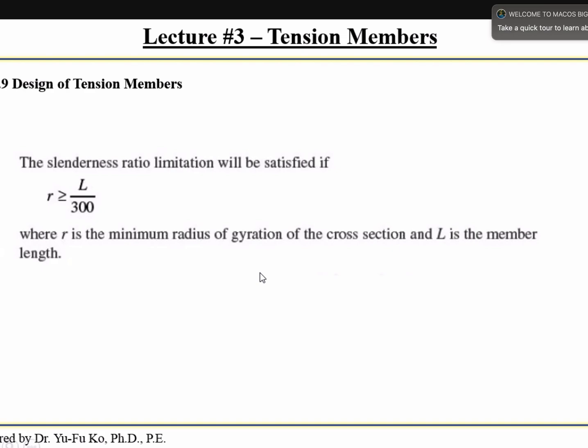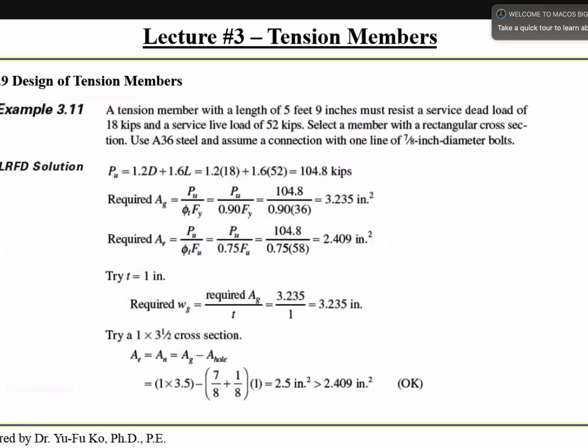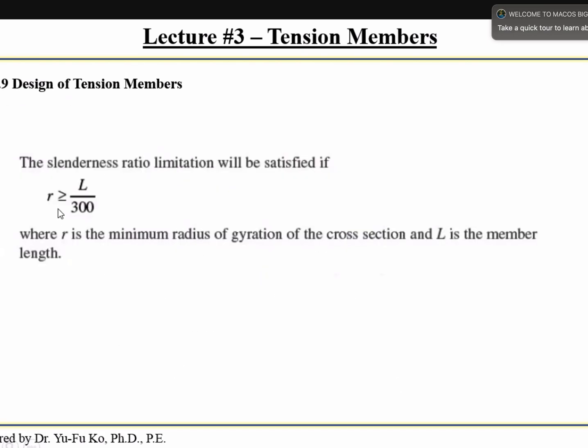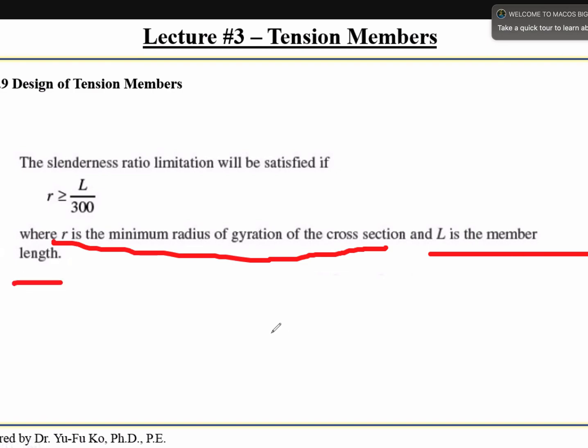The section you pick needs to have minimum radius of gyration bigger or equal to L over 300. And L is the length of the tension member. Okay? Any questions?